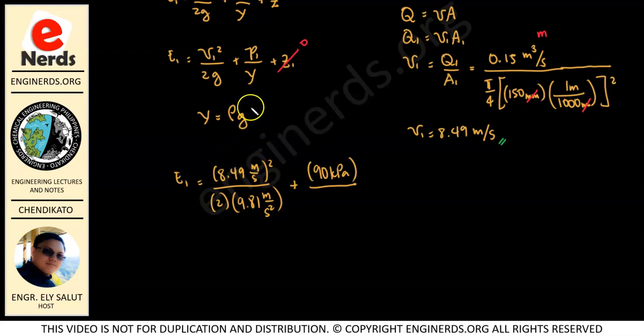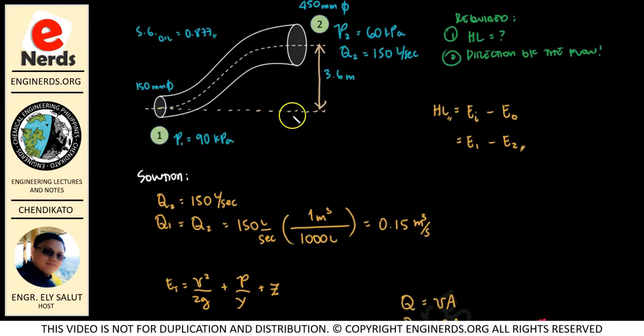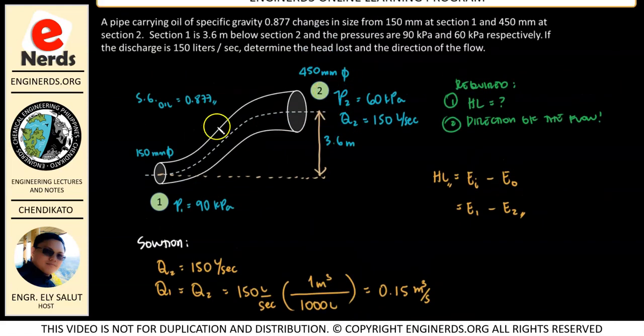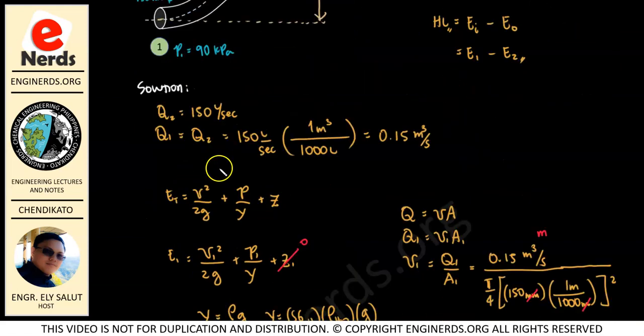But our fluid here is an oil, no, with a specific gravity. So therefore, our unit weight is equal to the specific gravity of the oil times the density of water times the acceleration due to gravity. No? So therefore, we need to get the specific gravity of the oil, which is 0.877.